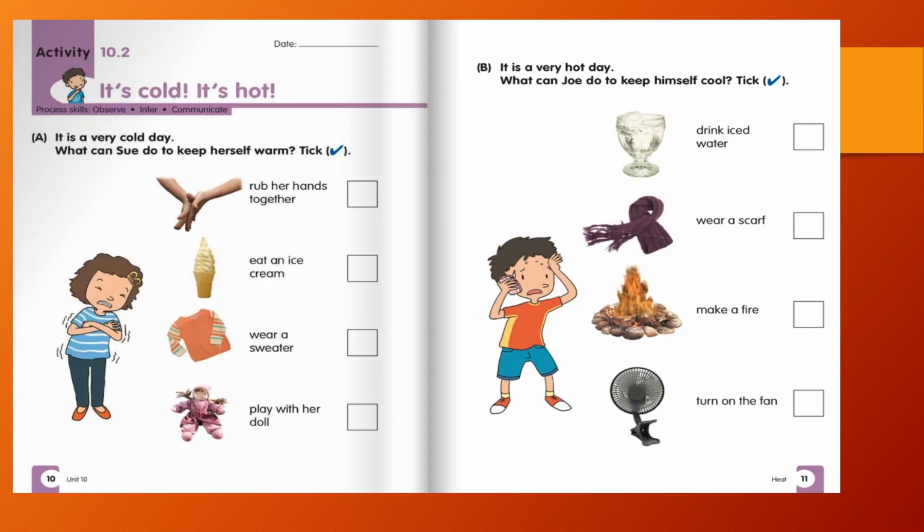Okay, in the case of letter B with Joe, it's a very hot day. What can Joe do to keep himself cool? Again, you have to mark with a tick. Drink ice water and turn on the fan so he gets a colder wind to feel fresh. Right.